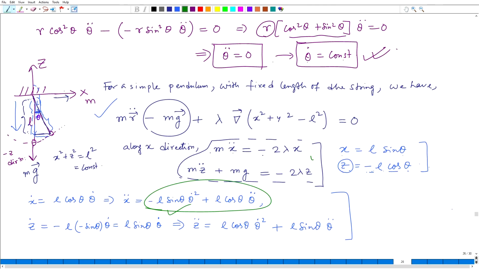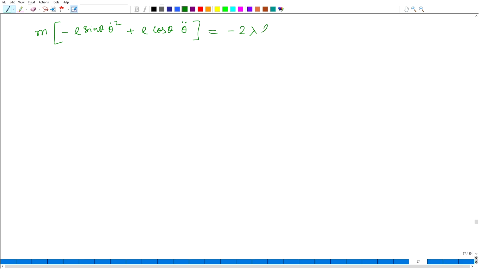So, if you remember this equation. Okay. So, x is L sin theta. Okay. I can actually write just like this, plus this equal to 0.